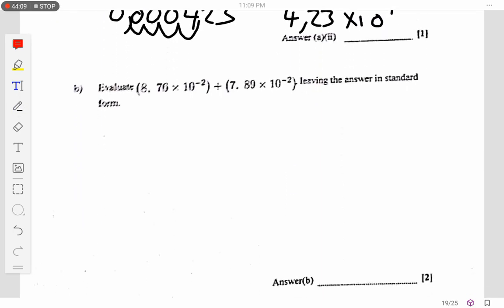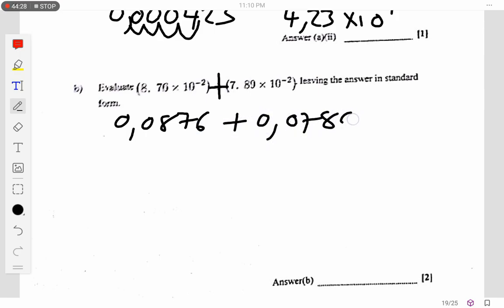Okay, now let's do the addition there. We are adding here. This is addition, not division. So when we are adding, you can either simplify them first and rewrite 0.0876 plus 0.0789 here, because they are all of 10 to the power of minus 4 minus 2 there.